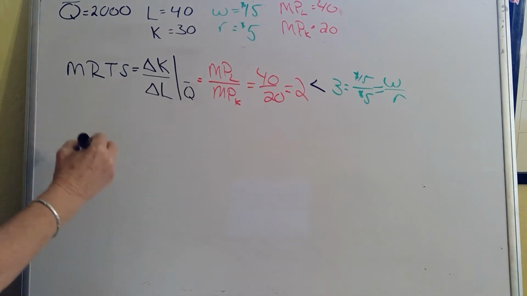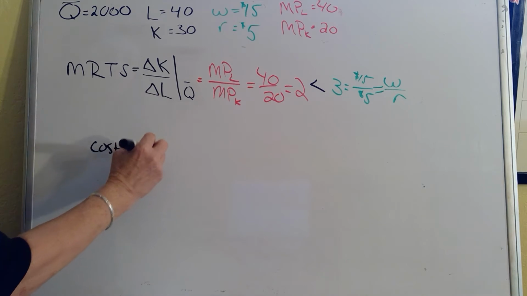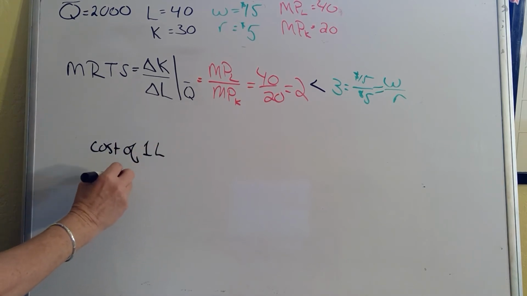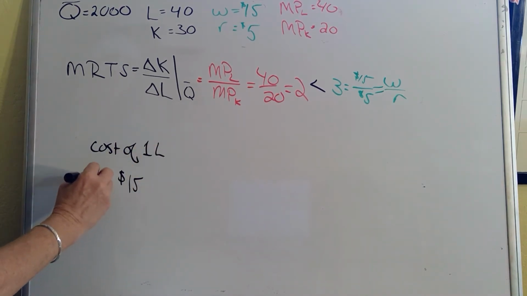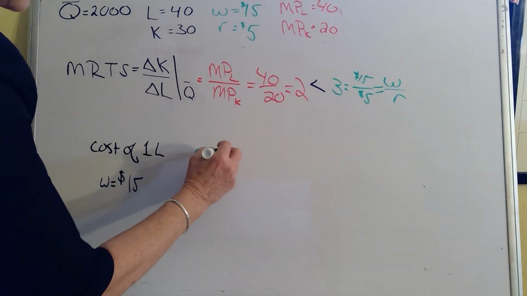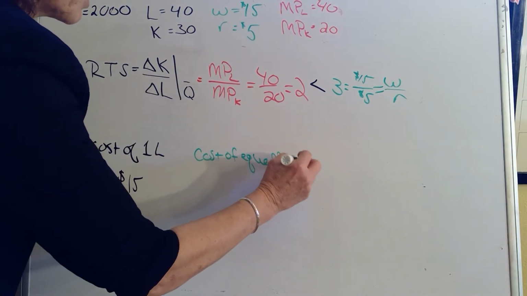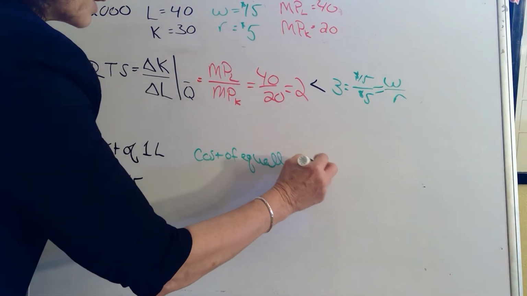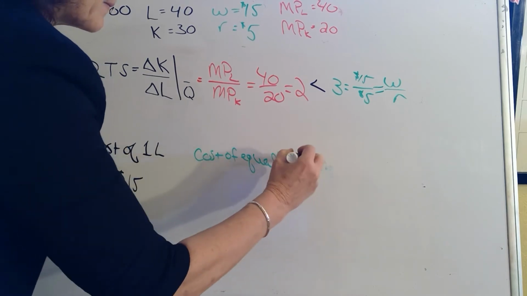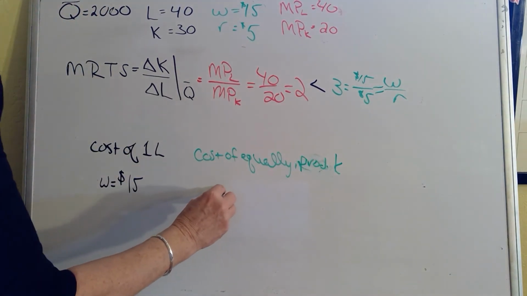Or, said down here, the cost of one labor is $15, whereas the cost of an equally productive amount of capital is 2.